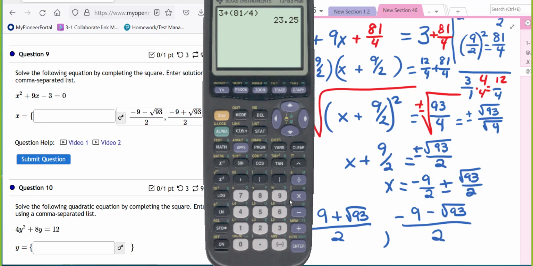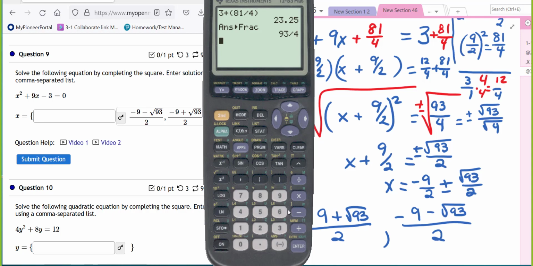They don't want a decimal, so to get back to a fraction form on this calculator, and most graphing calculators would be the same, you go under the math menu, and your first choice moves it back to a fraction. So we hit enter, and we hit enter one more time. And there is your answer on that.